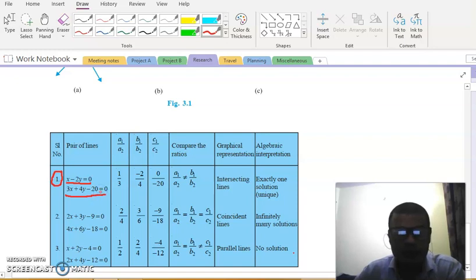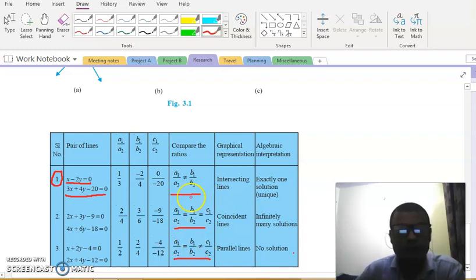Suppose this question is given in the question paper, then what to do? First of all, we have to check which condition is going to be satisfied. There are three conditions: the very first condition, the second condition, and the third condition.